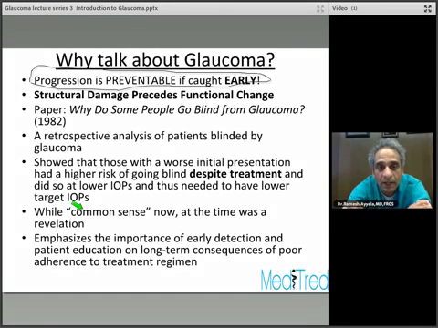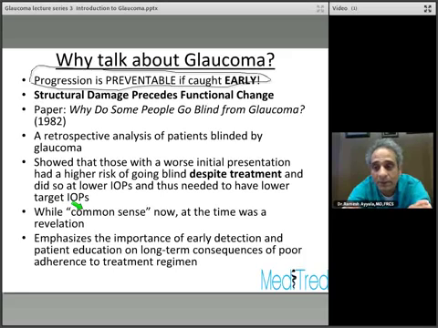What Dr. Grant is pointing out here is that the average intraocular pressure for you and me with no glaucoma is 16 millimeters of mercury plus or minus 3, right? If you have somebody with glaucoma, the target pressure that a lot of people used to aim for in the 1980s and even into the 1990s and early part of 2000 was to lower it below 21 millimeters of mercury. And what Dr. Grant showed in this paper is that that is not sufficient.